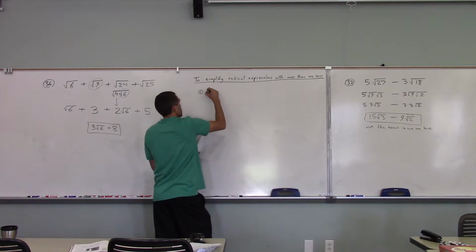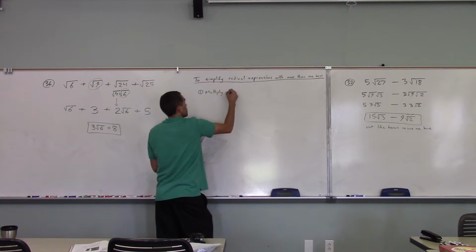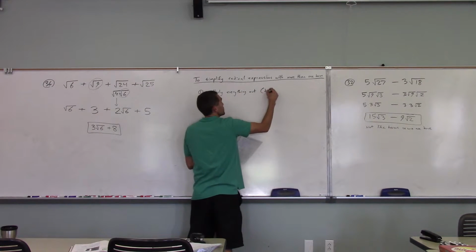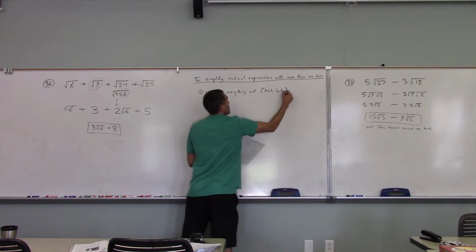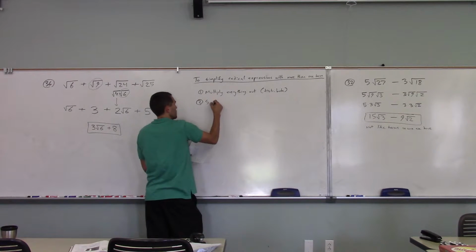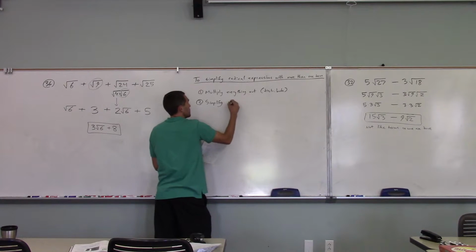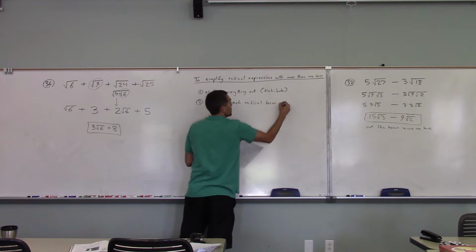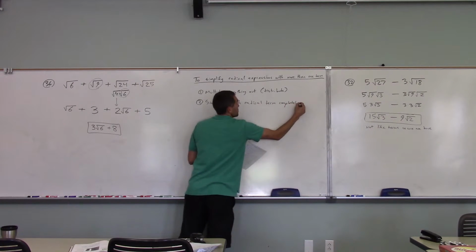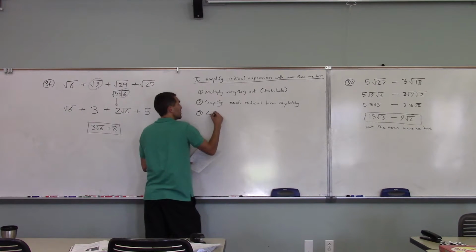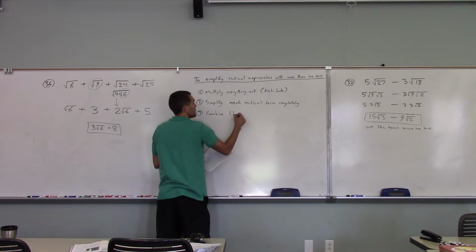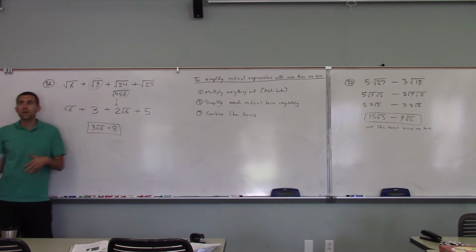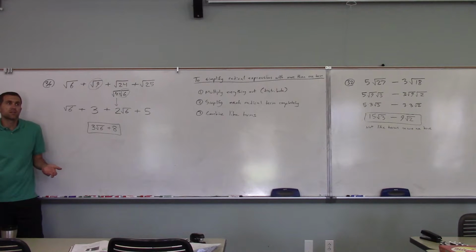One, I'll say, multiply everything out, aka distribute. 2, simplify each radical term completely, and then combine like terms. Okay, so we were just doing steps 2 and 3. All we're adding is what if now it's a product.